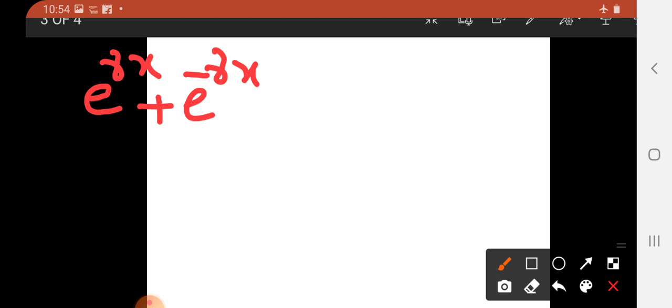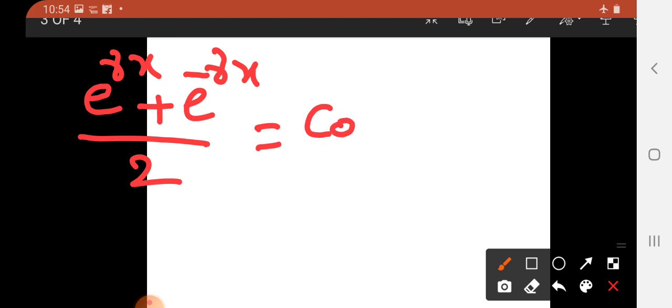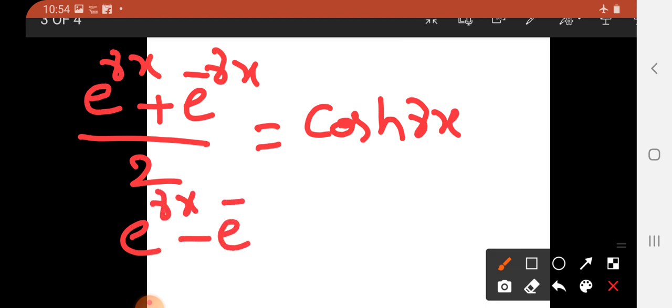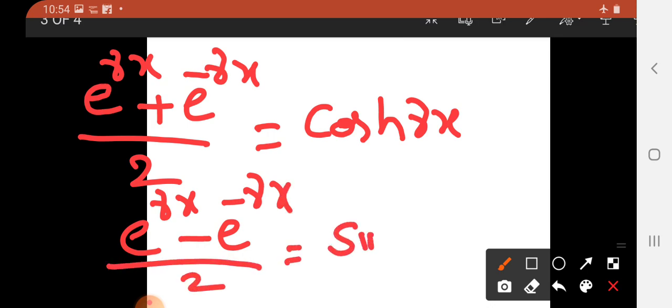We know this is cos h gamma x. And similarly, e power gamma x minus e power minus gamma x by 2 is sin h gamma x.